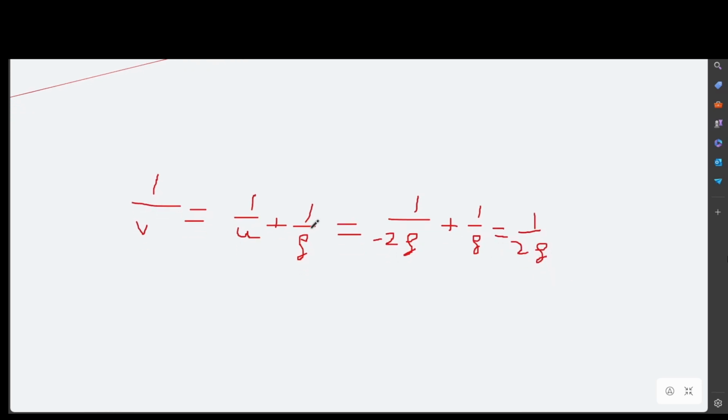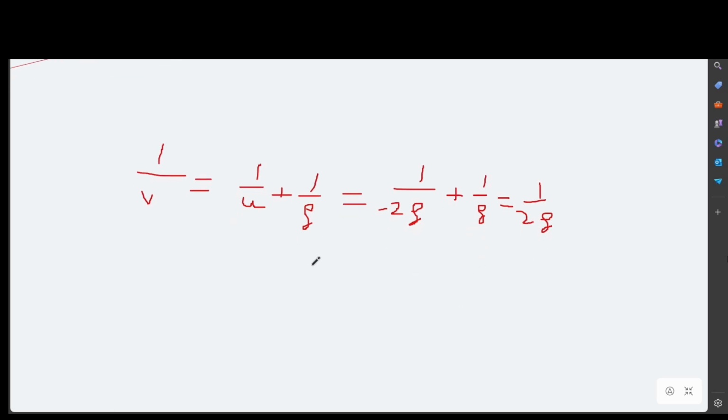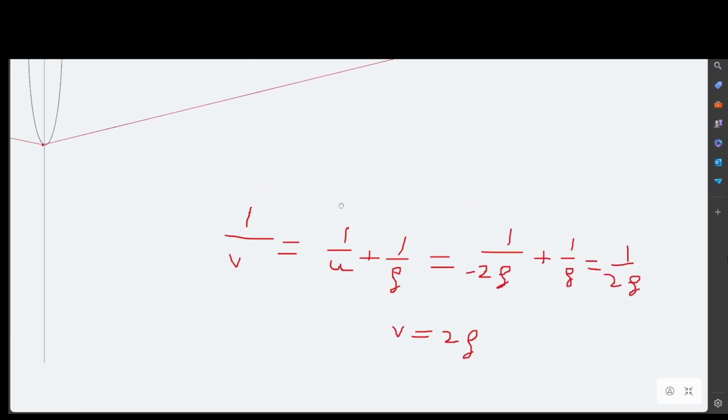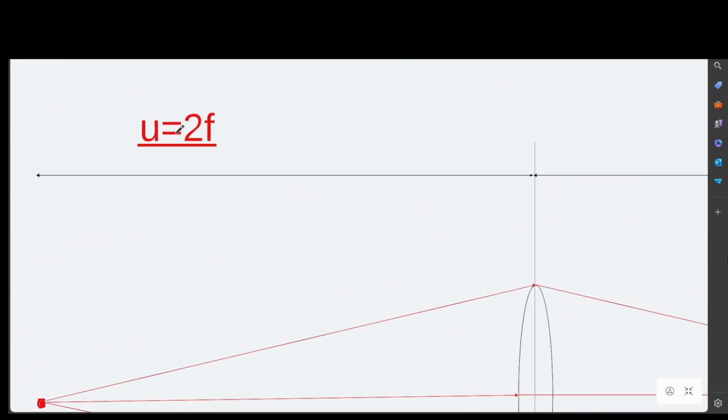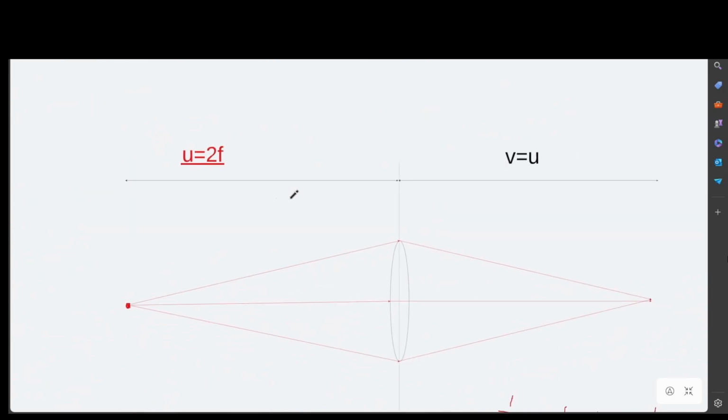So what we know from this is 1 over v equals 1 over 2f. Therefore, turning upside down, the reciprocal, v equals 2f. Now would you look at that? So v is definitely equal to 2f, and as we stated over here, u equals 2f in magnitude. So there we are. Image distance is equal to object distance when the object is placed at 2f.